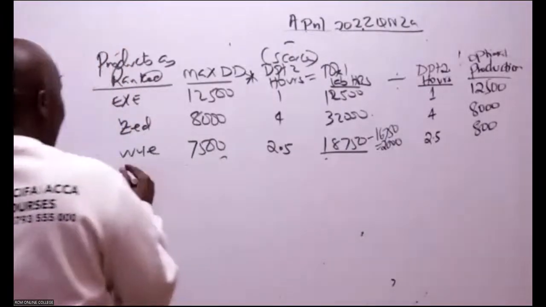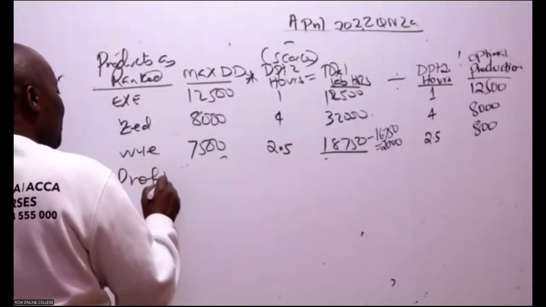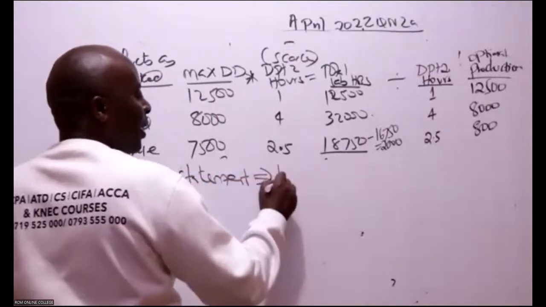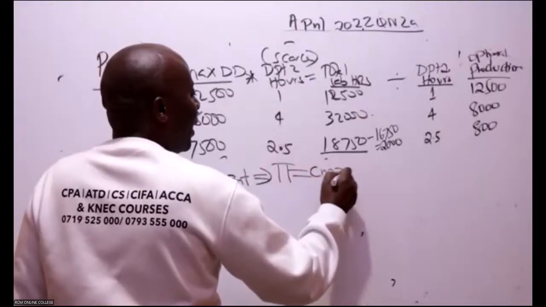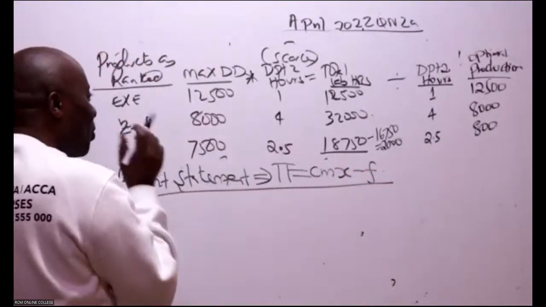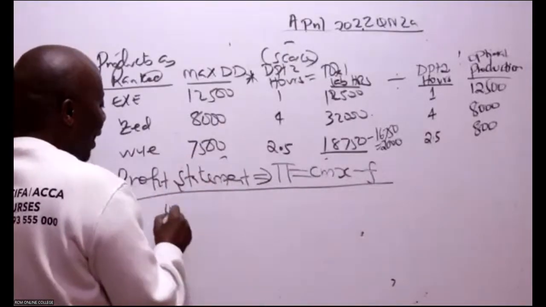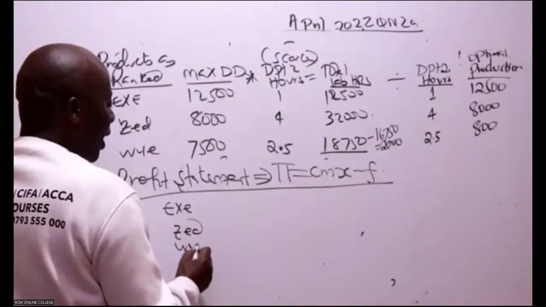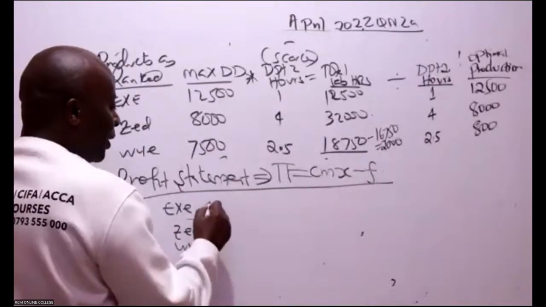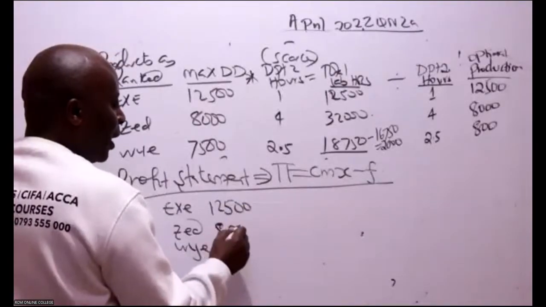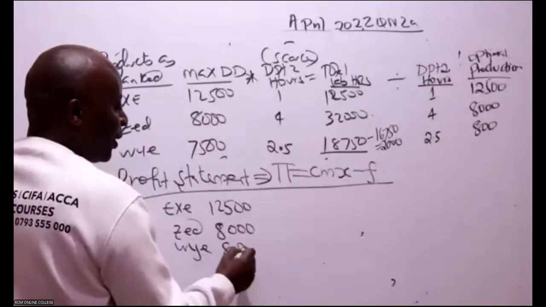So the profit statement. We are good students of management accounting. We know that profit is CMX minus fixed costs. I know the products that I'm producing: I have X, I have Z, I have Y. And I even know the units I'm going to produce and sell: 12,500, 8,000, and 800.